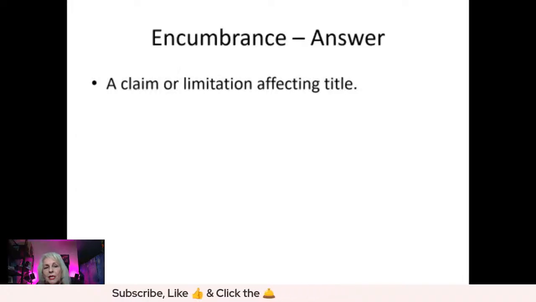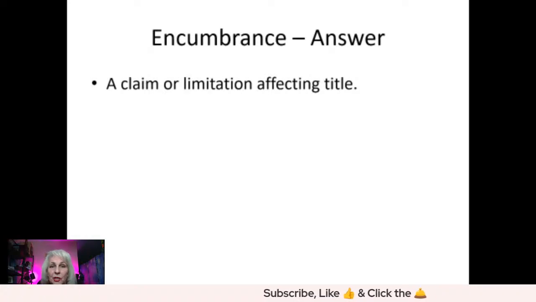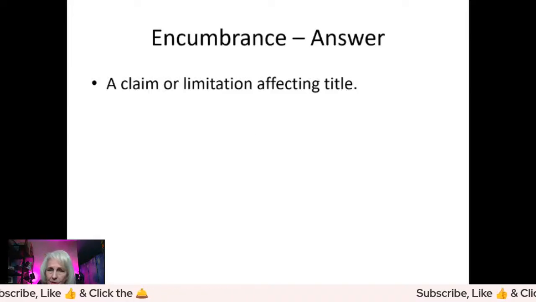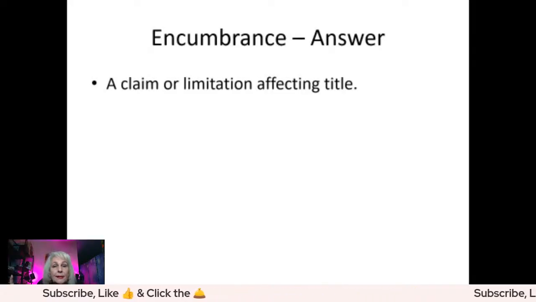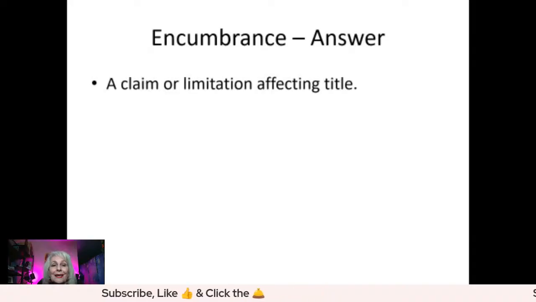And where do these encumbrances show up? They show up when the title company does a search on the ownership of that title. It can be, as I mentioned, a lien, a mortgage, which is a lien, okay, a judgment, child support, spousal support, or something that is encroaching into their property on the boundary line. So that creates a cloud on their title.